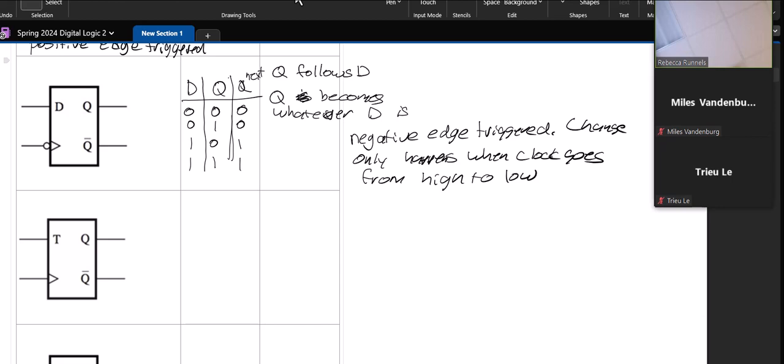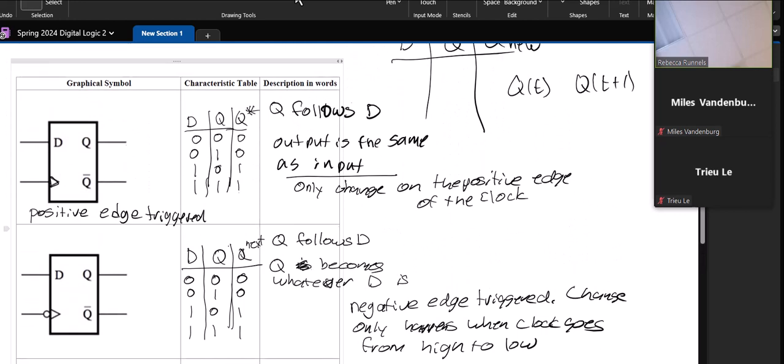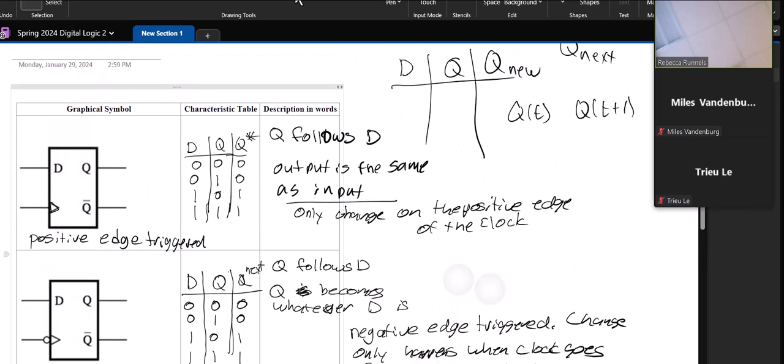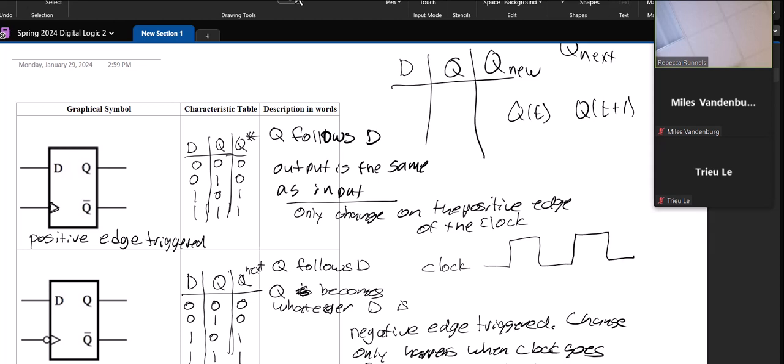For the positive edge trigger, you said for the D flip-flop, it changes and it goes from low to high, right? Correct. Okay. So if this is the clock signal, then the positive edge trigger is going to happen here.